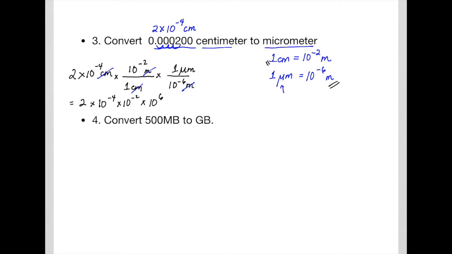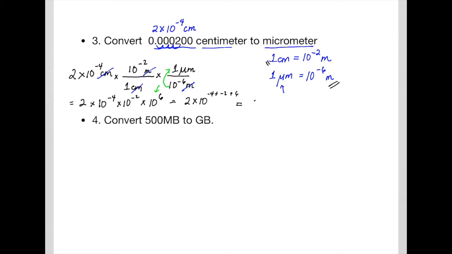Remember that this 10 raised to negative 6, it goes up, and that's why it becomes 10 raised to 6. So what now will be our final answer? That is 2 times 10, we have negative 4 plus negative 2 plus 6.